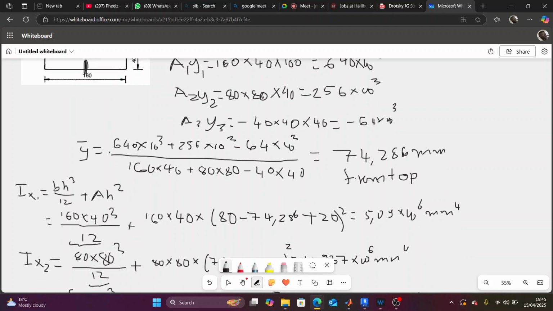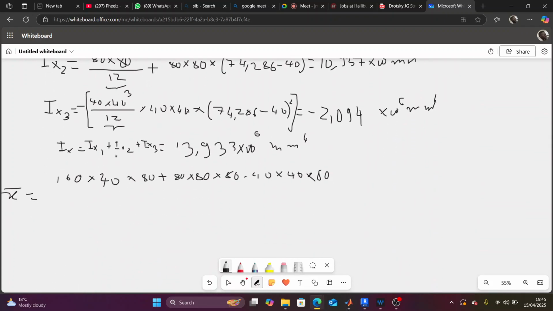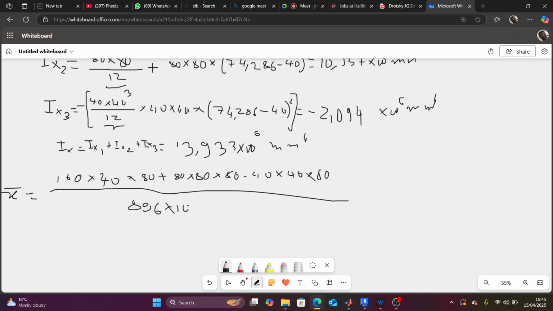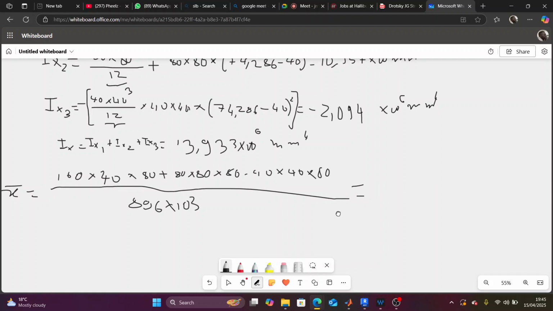Now, what is our total area? It's 896,800, that is 896.8 times 10 to the power 3. Okay, it's the same as the first one, right? Yes. What is the answer for x bar?